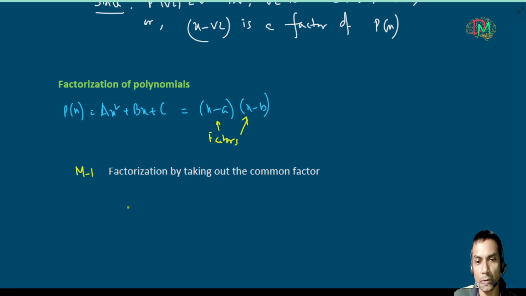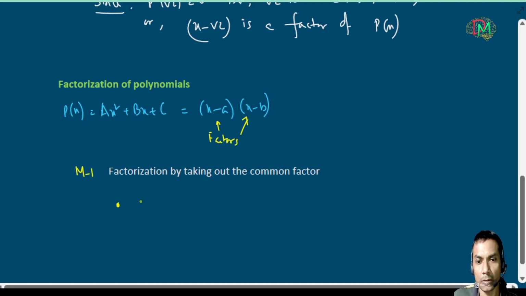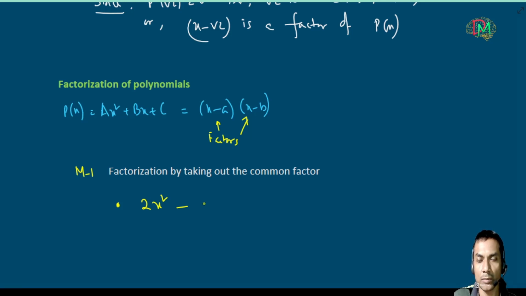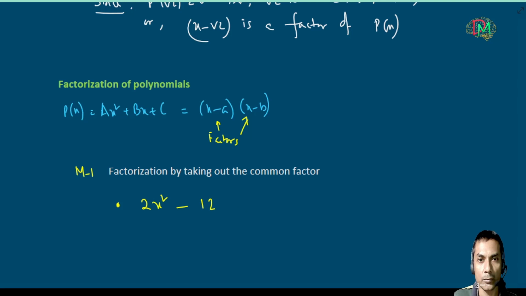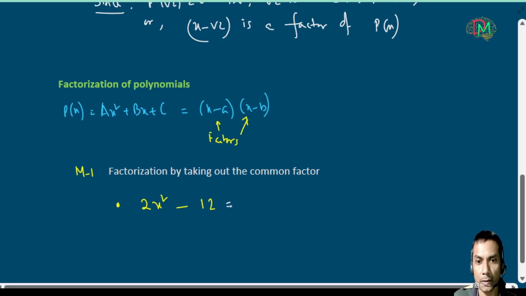Suppose it is 2x squared minus 3 minus 12. So what are the factors? You can write the factor by taking the common, which is 2, that is 2 times x squared minus 12. Clear?